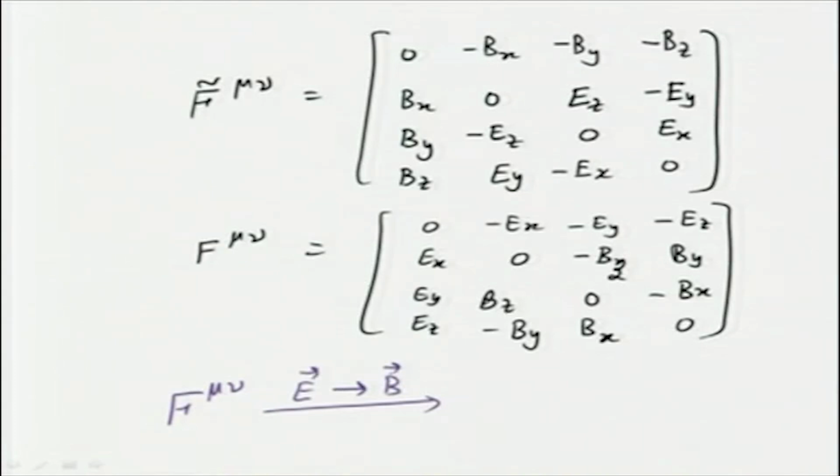So, wherever you have an E x, you replace it by B x, E y goes to B y, E z goes to B z, and wherever you have a B x, you change to minus E x, B y to minus E y, B z to minus E z. So, that will give you F tilde mu nu, or the other way around.